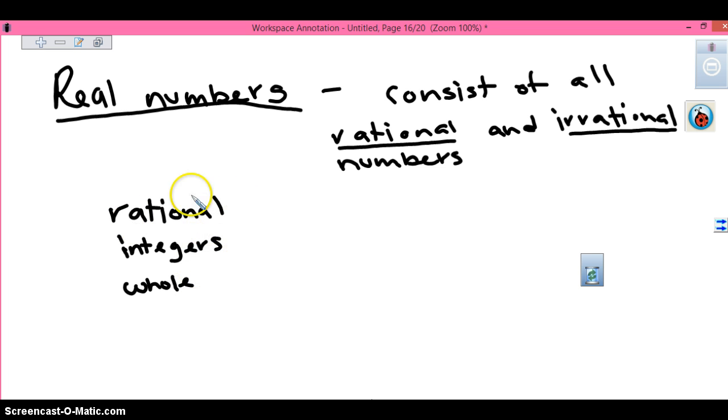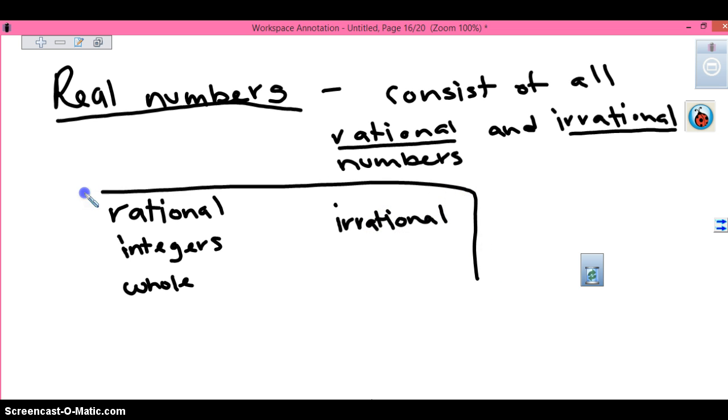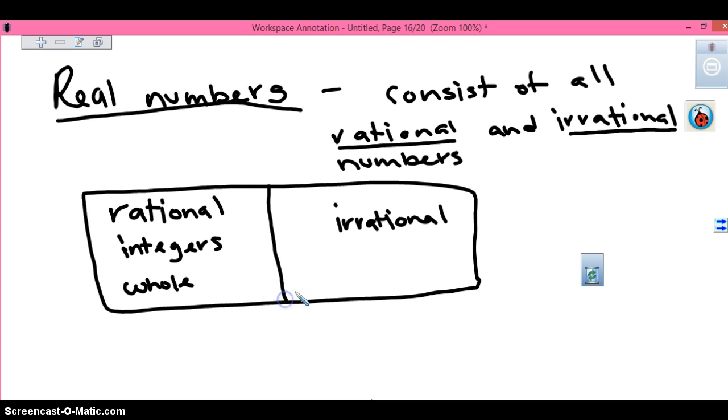So rational numbers include decimals, right? Now, irrational numbers are all those numbers that you cannot write as a terminating or repeating decimal, and you cannot write as a fraction, but they're those decimals that just go on and on and on forever. Both rational and irrational numbers make up all real numbers.